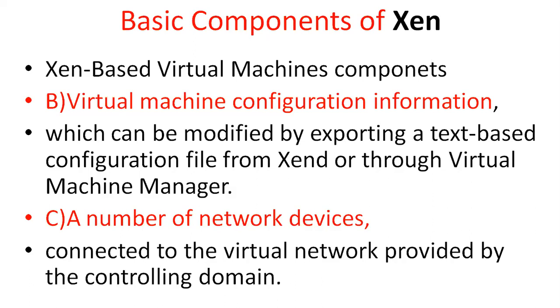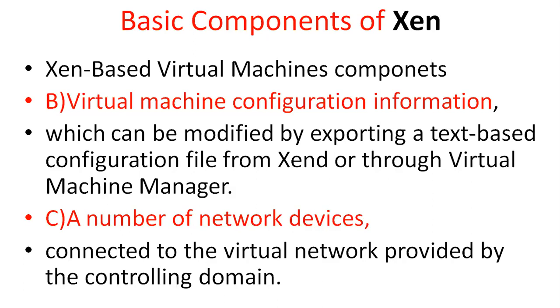The third important component here, the number of network devices. Here, the number of network devices are connected to a virtual network provided by the controlling domain. Network in the sense of network devices connecting, that means either wired or wireless connecting devices.